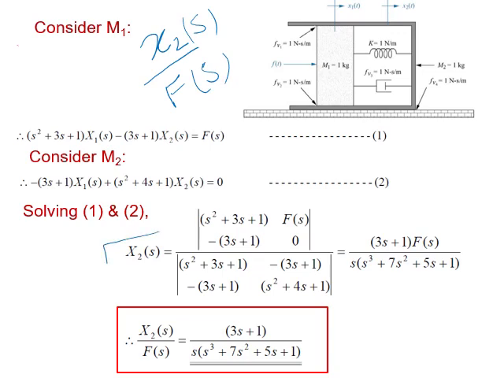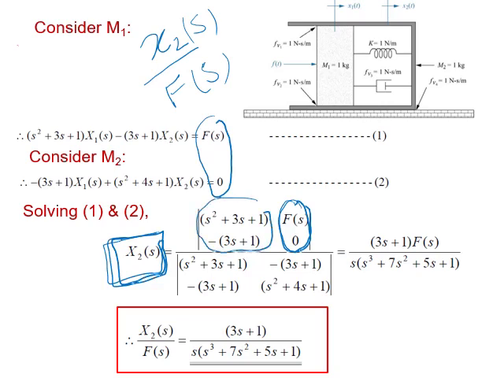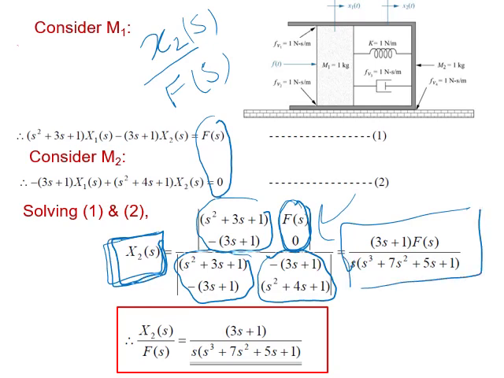To evaluate X2, we are replacing the column of X2 by these elements, the other side of the equation. And here we are going to put the coefficient of X1, here the coefficient of X1, here the coefficient of X2, by Cramer's rule. I hope you didn't forget the application of Cramer's rule. We solve this, and we are going to find that the equation looks like this.